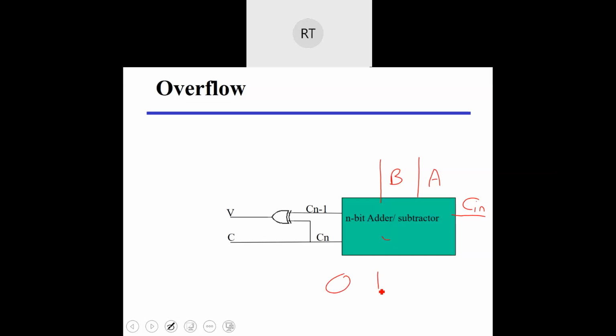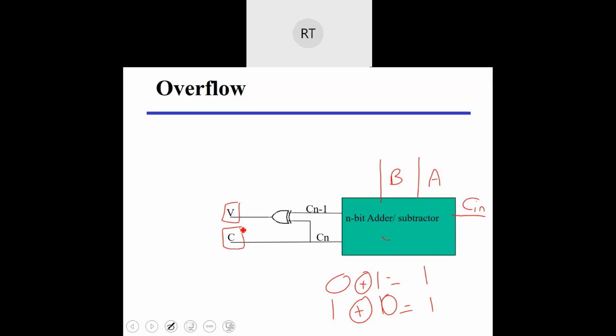Yes, that's it. So 0 XOR 1 will give you a 1, and 1 XOR 0, of course, will also give you a 1. They have to be different, right? That's the rule of XOR. They are mutually exclusive, if you remember. So Cn and Cn minus 1 must be different. You XOR them, you get an overflow. Okay? What about the C? C is the last carry. Okay, what is V now?